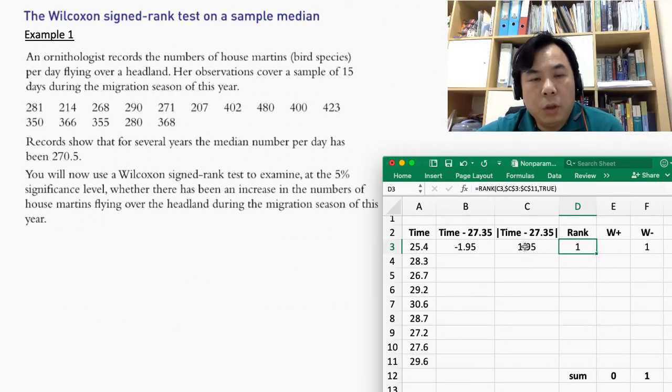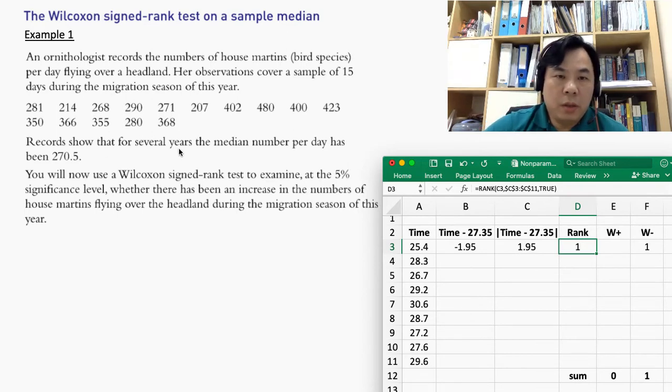All right. After you've gone through the guideline, we are ready to read through this question and try to carry out the Wilcoxon signed rank test. Right. Now, it's the same example that we did in our previous section using the sign test. This is on the question about the house martin. We are using the same samples here. The record shows that for several years the median number per day has been 270.5.